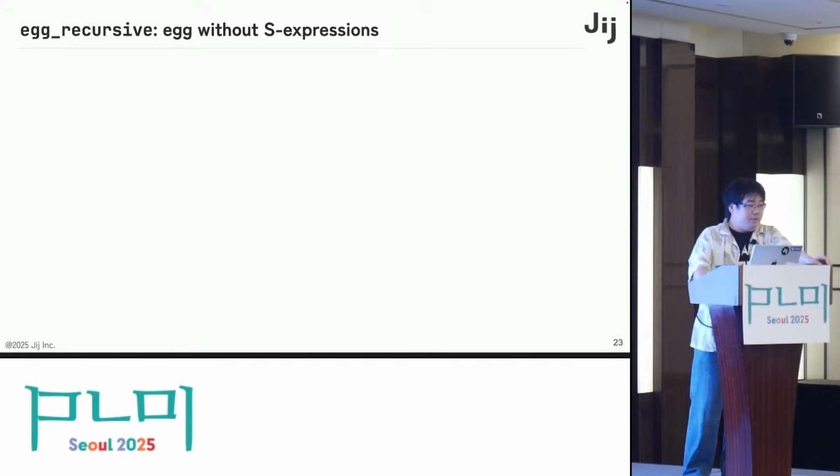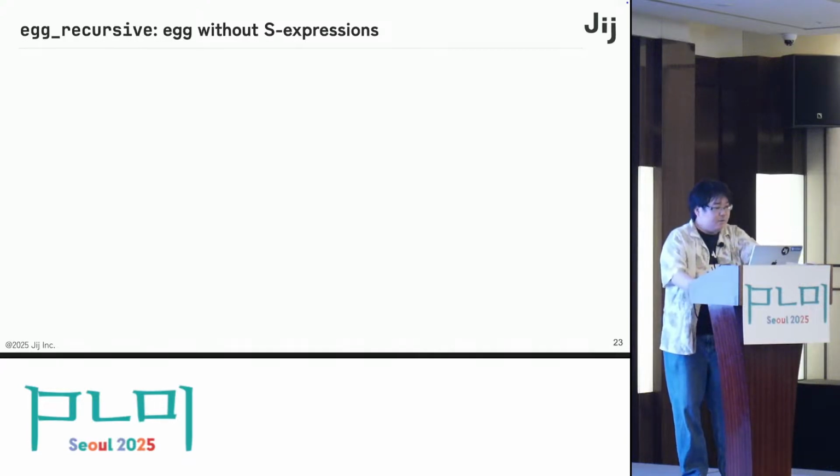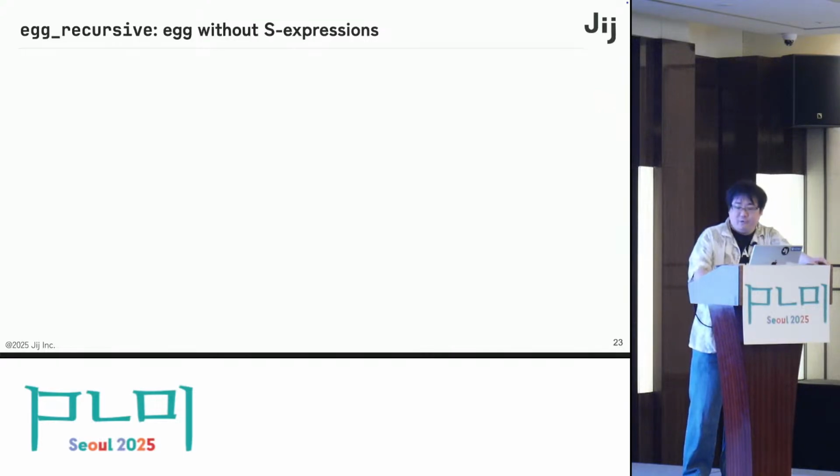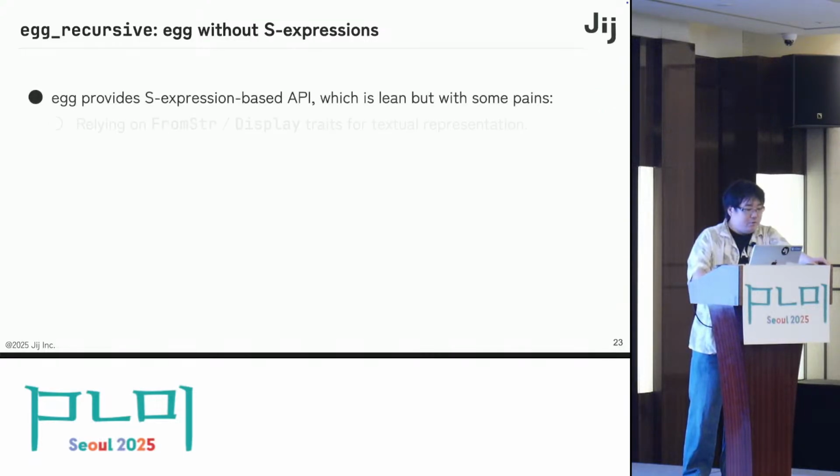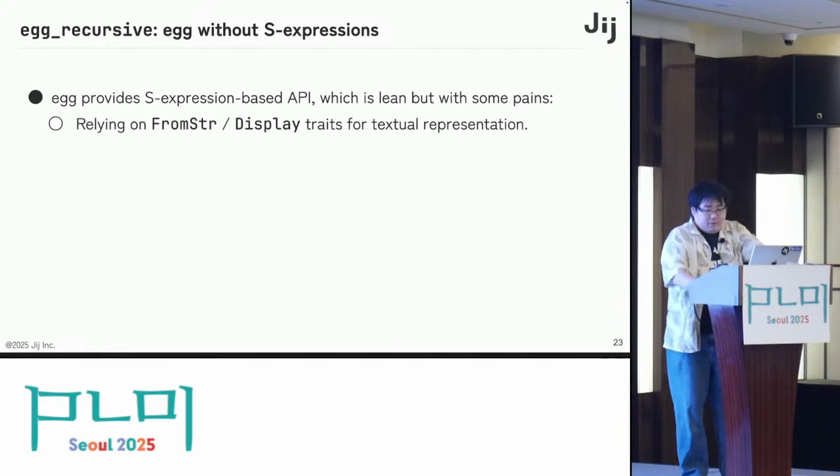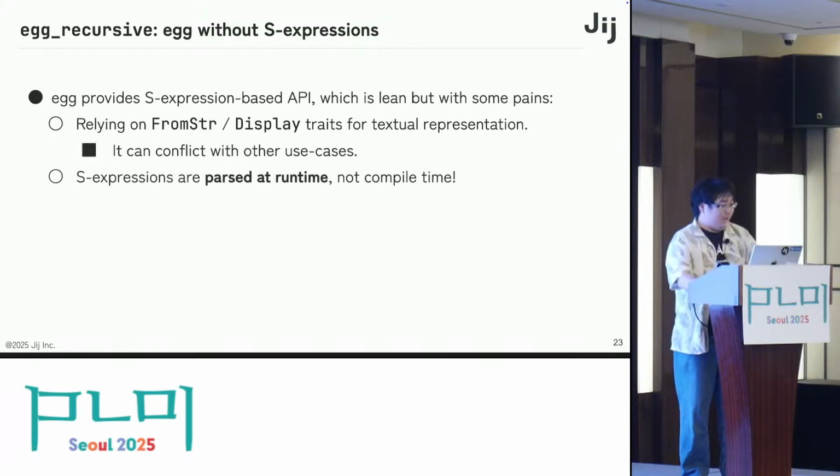During the course of development, we also developed egg-recursive built on top of egg. This allows us to use egg without S-expressions. Some egg expression-based APIs have downsides, we think.